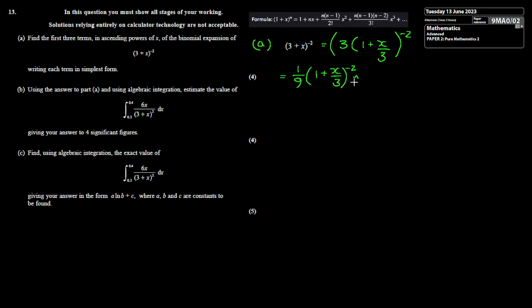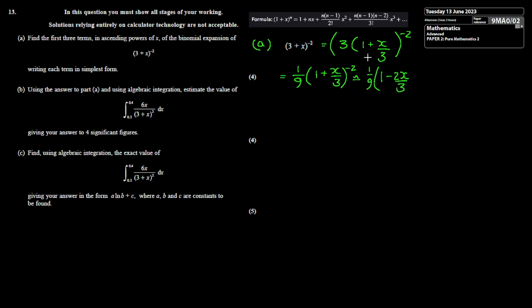So this, when we expand it, will be approximately equal to a 9th, big bracket, and now I write an awful lot of numbers substituting n is equal to negative 2 and the x in this expression is equal to x over 3. First term's easy, minus 2 multiplied by our x, which is x over 3.